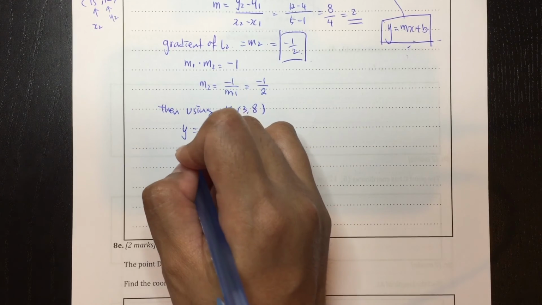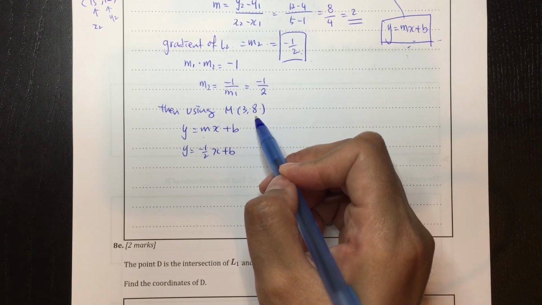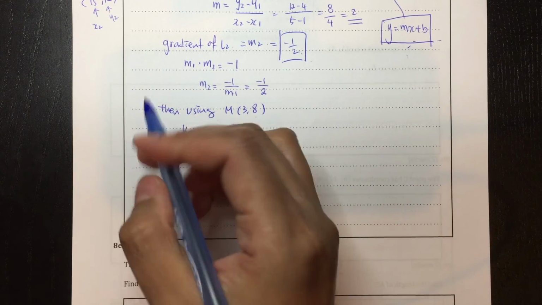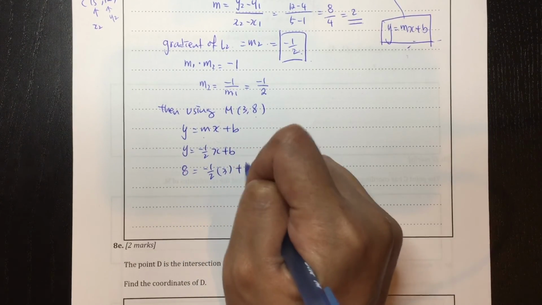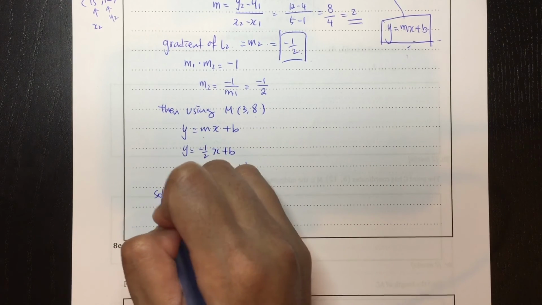Here m is -1/2, our y value is 8 and x value is 3. So we do 8 equals -1/2 times 3, plus b. Then we solve for b.